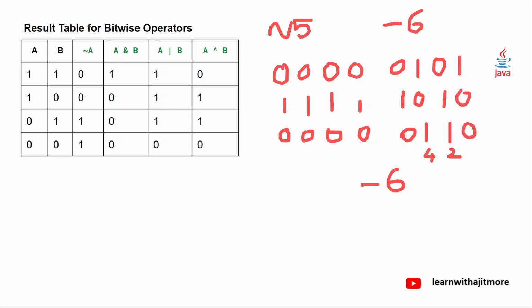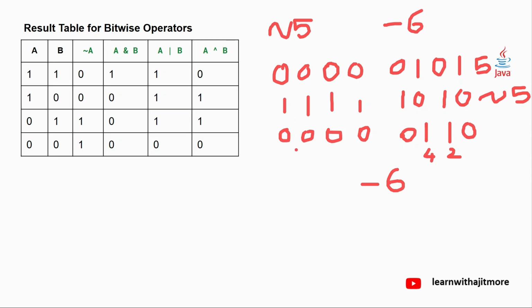I have to take it as minus 6 because actually we have not got the decimal of the original answer. This was your original number. This was 5. Correct? This is tilde 5. So actual tilde 5 is this thing. This is the actual value in memory. But to find out its decimal, we didn't do direct decimal.